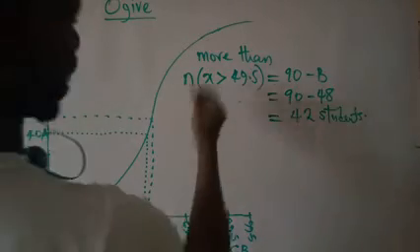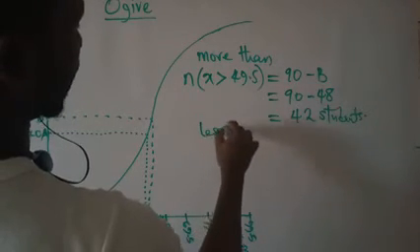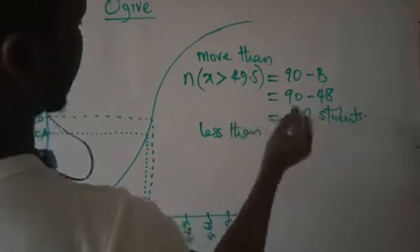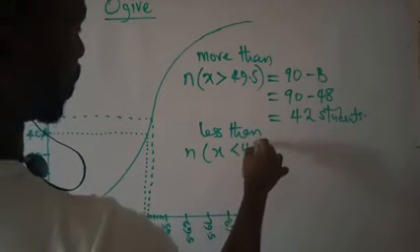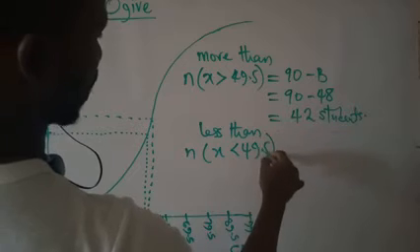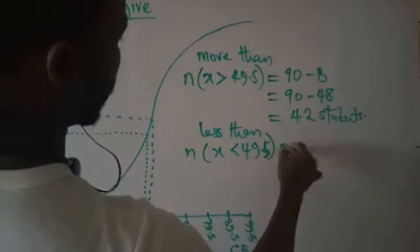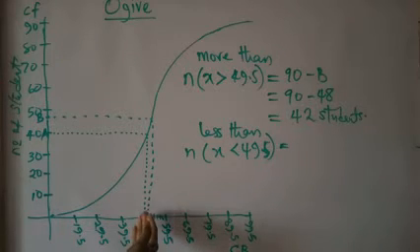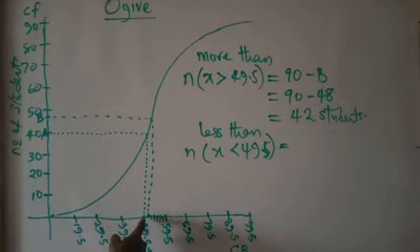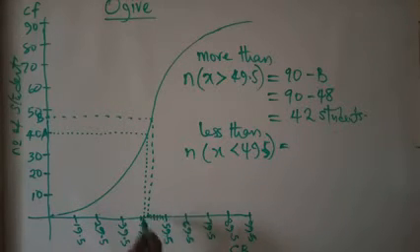Now, what if they ask you for less than, where x is less than 49.5? I'm sure you can do it without any problem. Exactly what I did towards the right, I do towards the left. The closest number that is less than this number, in this case, would be 49, because I'm subtracting half.